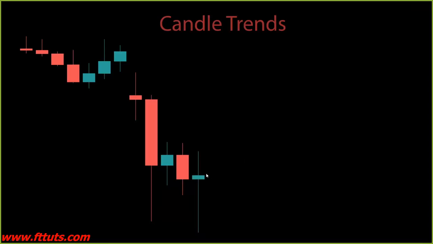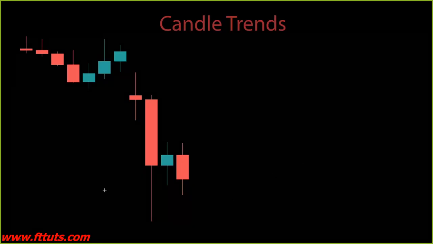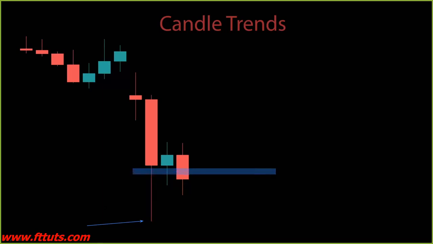See, this would have been an okay idea to take a sell because we had a wick to fill right over here, and we had a retracement done, support formed right over here, and we had this candle close below the candles here to the left hand side.